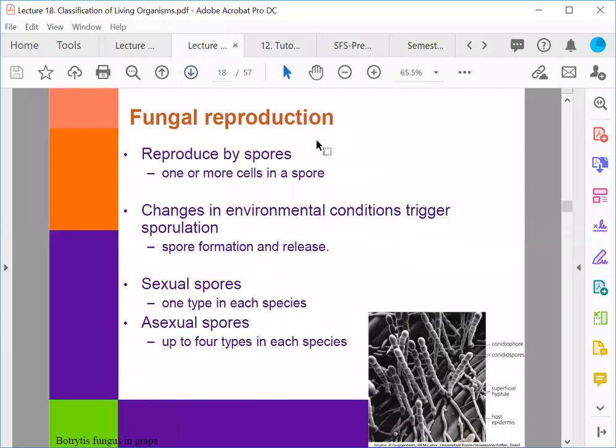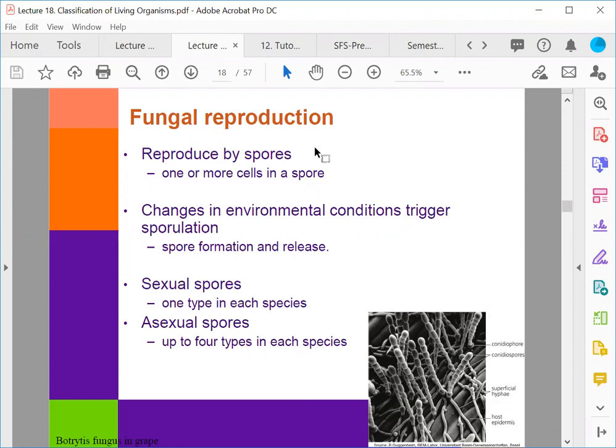All right, fungal reproduction. Fungi reproduce by spores. They form spores. And of course, a spore is just a little, very protective coating, which surrounds one or several cells. And those spores are, of course, the primary means by which fungi disperse and survive.